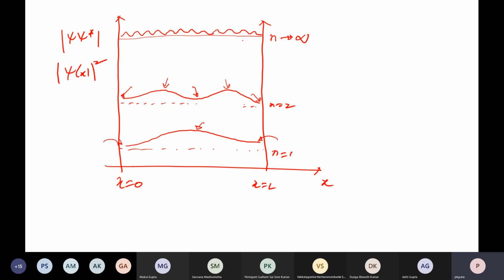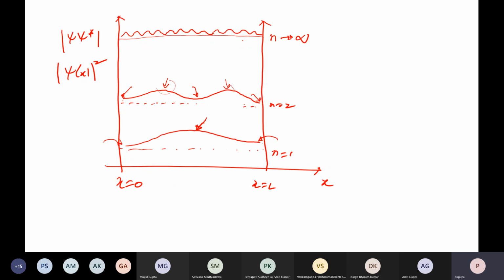So if you plot the psi star, you will see that at some points the probability of having the particle there is maximum, and in some places it is minimum. For example, n equal to 1, at the center of the well it is maximum, and near the side walls it is minimum. Similarly for n equal to 2, at the center it is minimum and also at the side walls it is minimum, but here and here it is maximum.